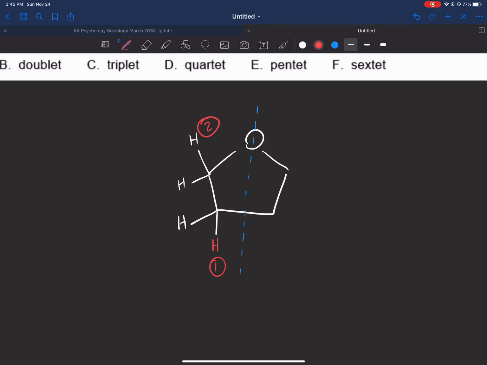Now if we look over on our line of symmetry, this group of hydrogens is the same as this group of hydrogens, so we're not getting a separate third signal for those. Same thing as this hydrogen, these 2 hydrogens. We're not getting another signal with these because they're the same as those. So remember, always draw these lines of symmetry.